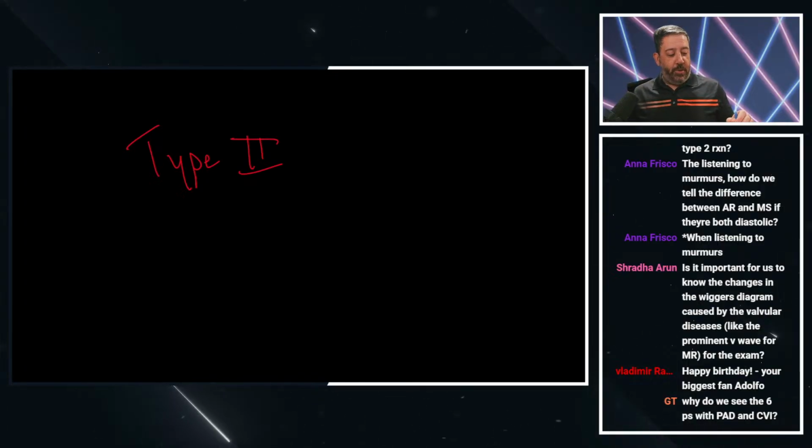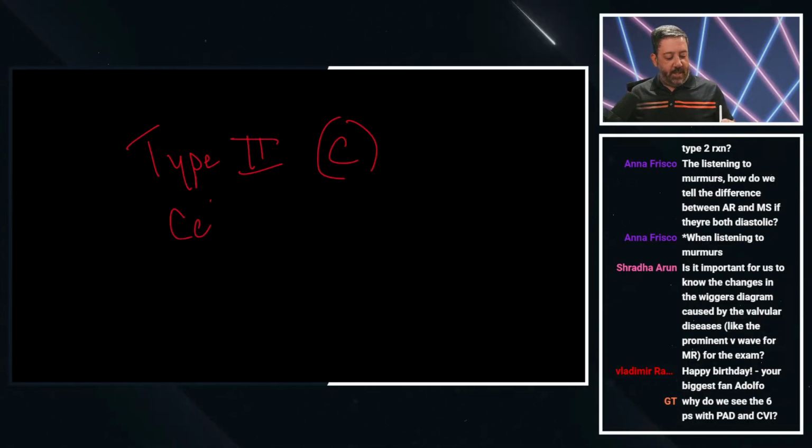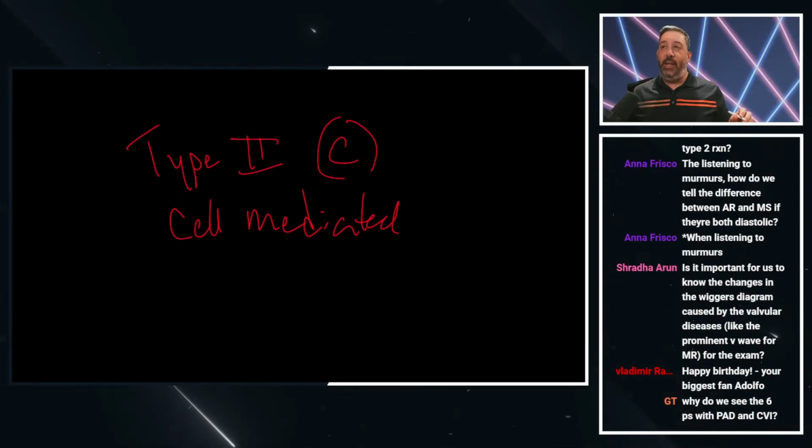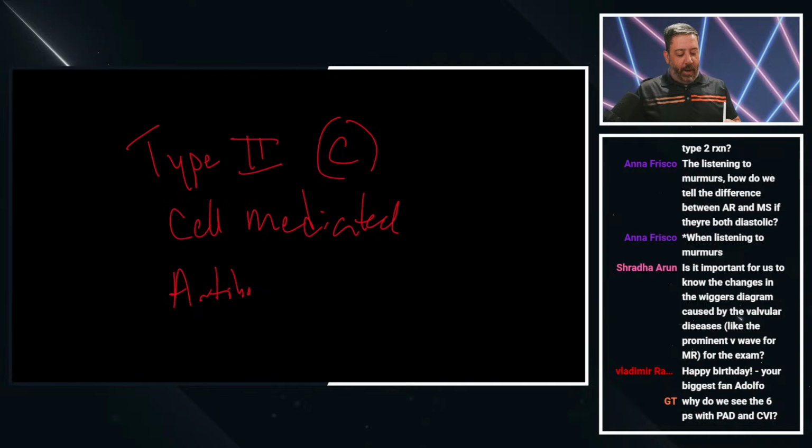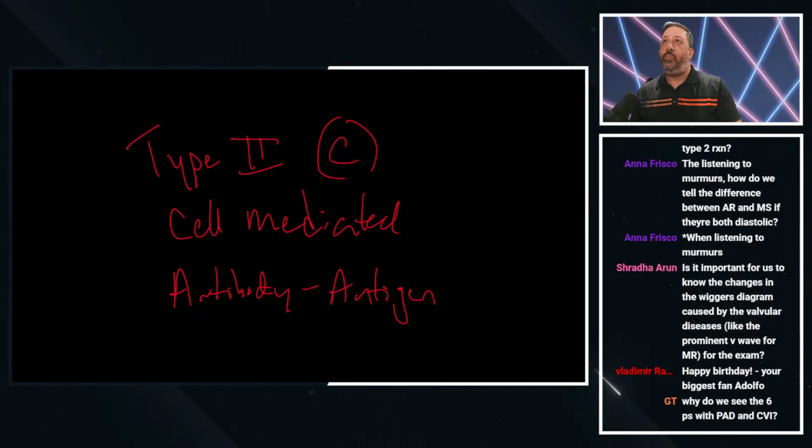Okay, so type 2, remember your mnemonic, ACID, so this is the C. This is cell mediated, which means there has to be some cells that are touching. The main one is going to be an antibody to antigen complex.